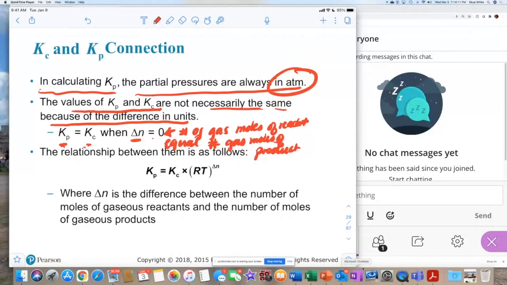What is delta N exactly? They mean the moles, but the moles have to be gas moles. When you look at the gas moles of the reactant, you count them, and they match the gas moles of the product, then the Kp will be equal to Kc. Okay, this is the generic relationship between Kp and Kc to illustrate to you they're not the same thing, even though superficially they do look like they're the same thing.